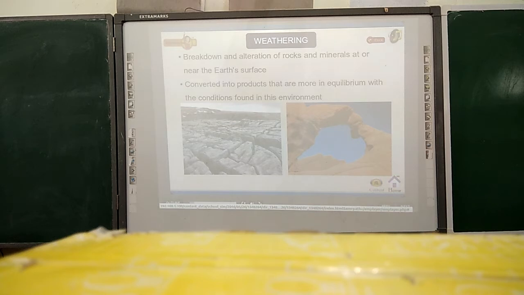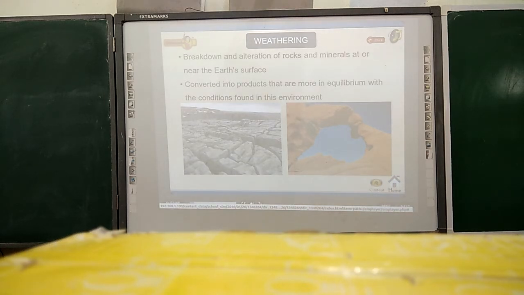So what is meant by weathering? Weathering is nothing but the breaking down and alteration of rocks and minerals at or near the earth's surface. Those materials are converted into products that are more in equilibrium with the conditions found in this environment.